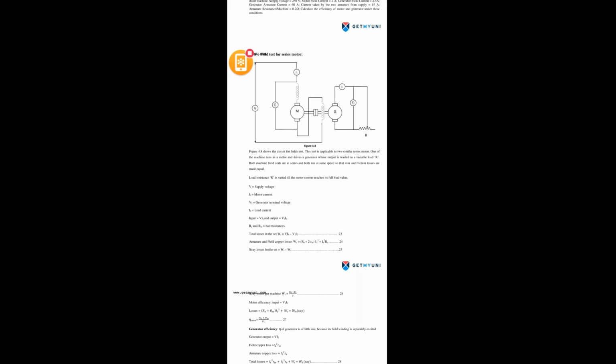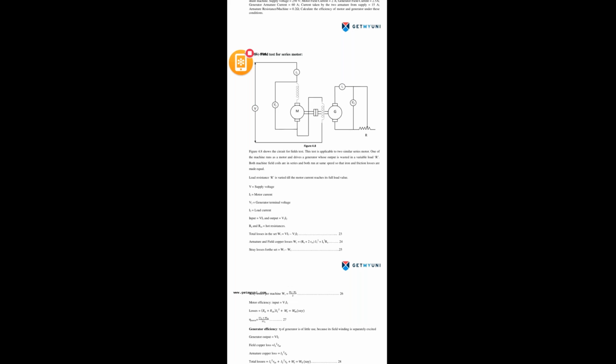Now the total losses in the set is Wt equals V I1 minus V2 I2. Generally the total losses we have to add, right? WC plus WCU, right? So why are we using minus here? Because the currents I1 and I2 are flowing in opposite directions, right? In the motor, the current is coming from the supply to the armature, but in the case of the generator, the current is coming from the armature to the load.